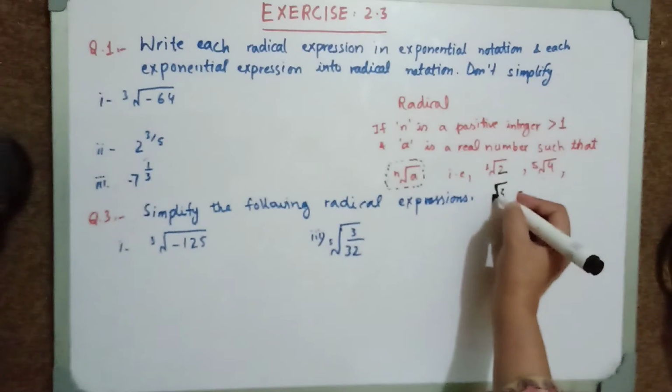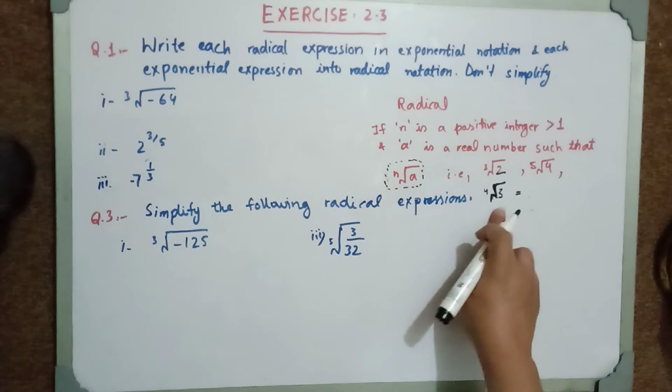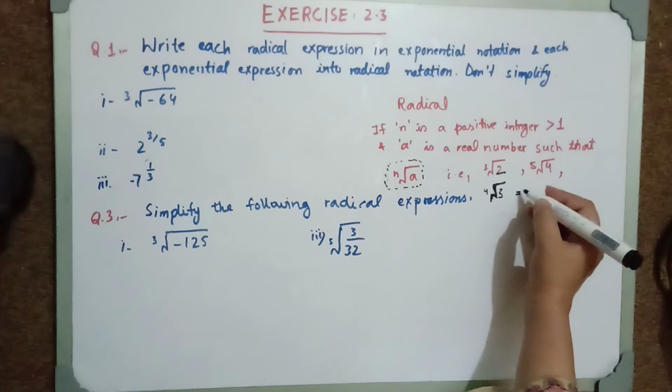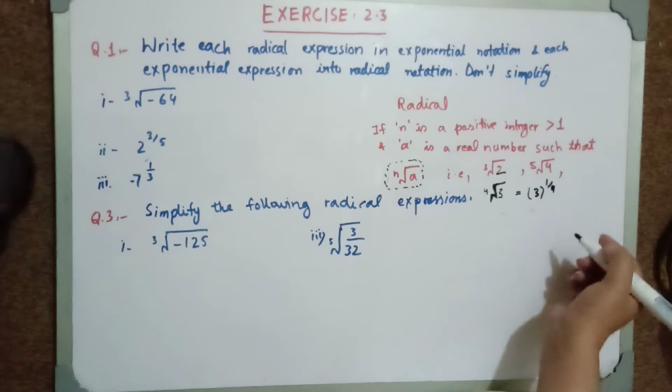We know that if I have a number here, let's say 3, and I write it in the form of power, then the power of 3 will be 1 by 2, because the square root is equal to 1 by 2. Now what is the difference between a radical and a square root? Now let's say here we have a power that is already given outside the square root. Let's say it is 4. Then if I write it in the form of power, the power of 3 will be 1 by 4 now, right?